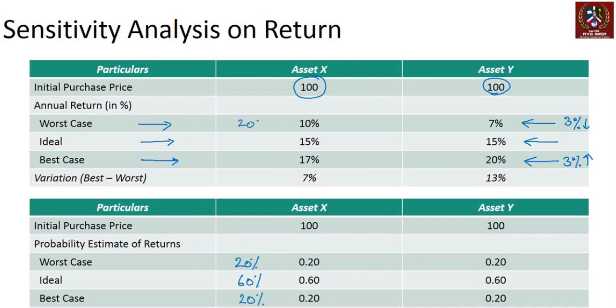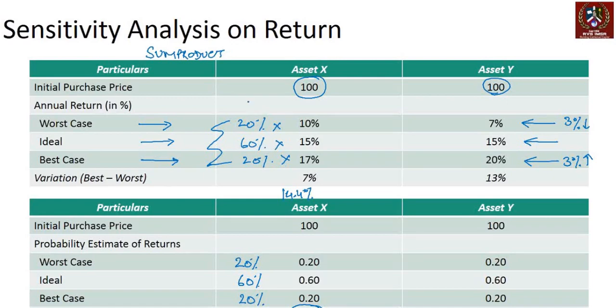I need to multiply 20% into this, 60% into this, 20% into this, and if I add this up, if I do a sigma of these three, I will get a return of 14.4% here. That's my return that we expect. That's going to be 14.4%, right?